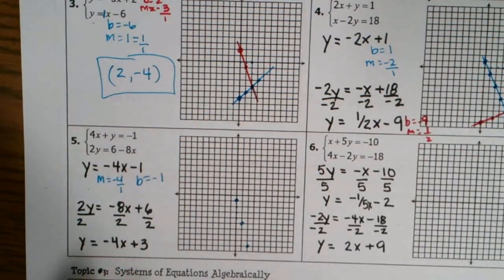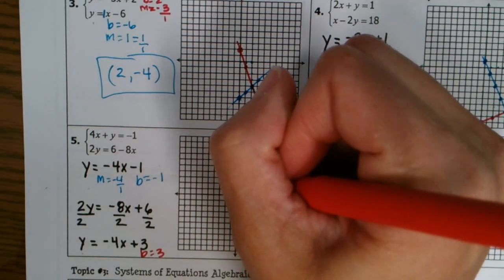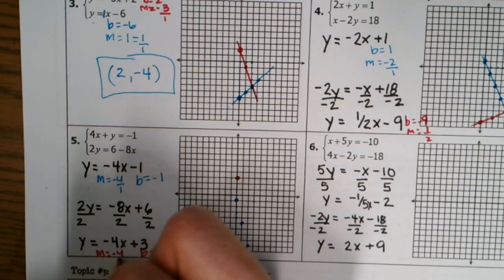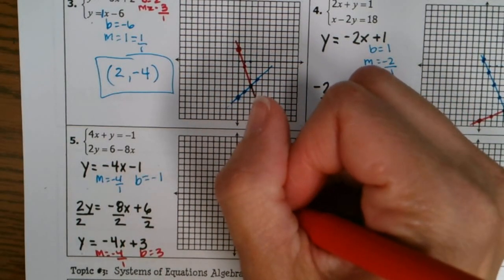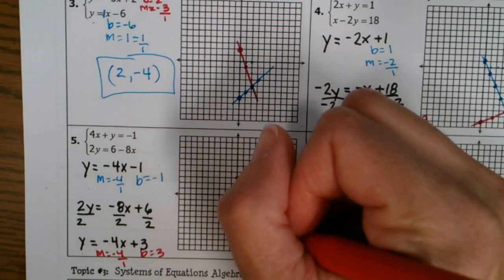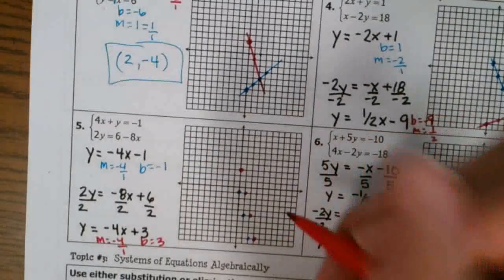And then for the next line, I've got a b of 3, so 1, 2, 3, and then a slope of negative 4. So down 1, 2, 3, 4 over 1, and again, down 4 over 1.